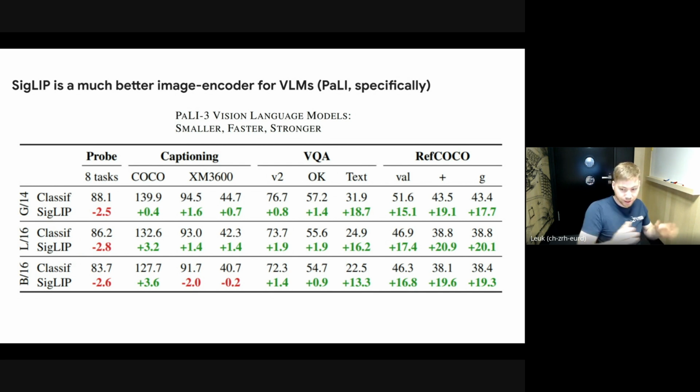That means taking the image model, embedding a bunch of images, getting the representations, and then doing few-shot classification with just a linear head. They are sometimes called linear probes, I think. And across 8 different tasks, the classification pre-trained model was always significantly better.